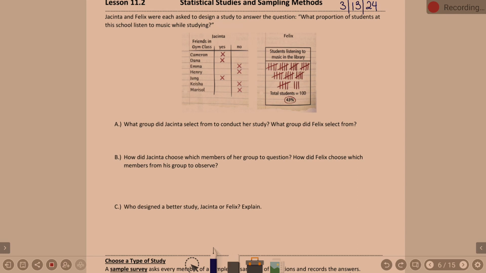And then question A, what group did Jacinta select from to conduct her study, and what group did Felix select from? So what do you see here? Okay. Jacinta chose her friends in gym class. What about Felix?